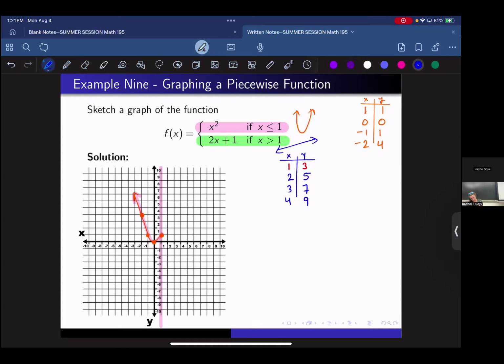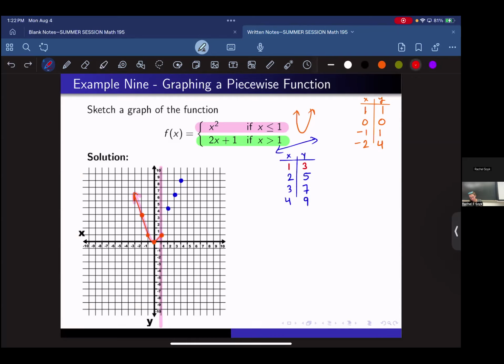So now we have 2, comma 5. 1, 2. I feel like this is 5. And then we have 3, 7. And then 4, 9. And then that 1, 3 is an open circle, which is why I put it in red.